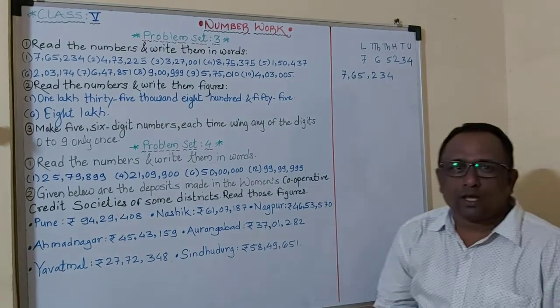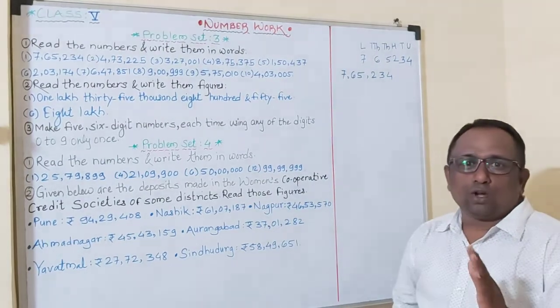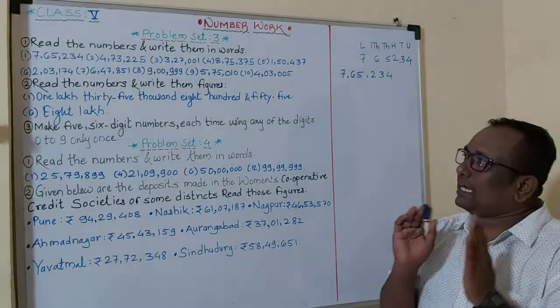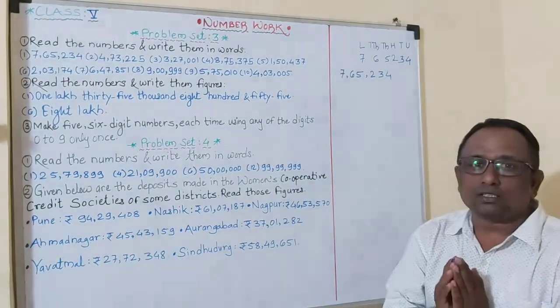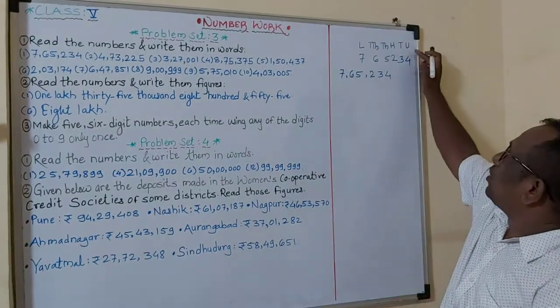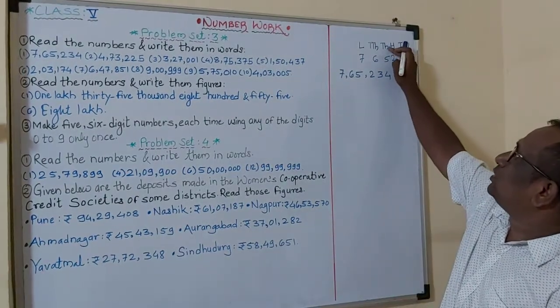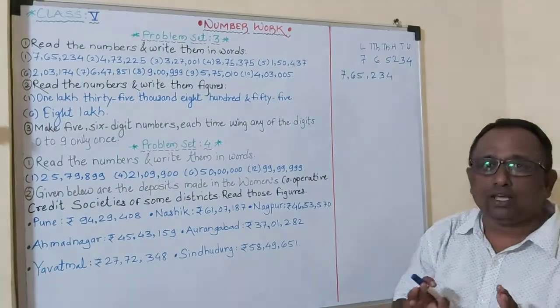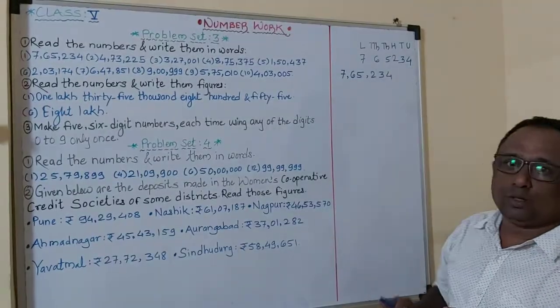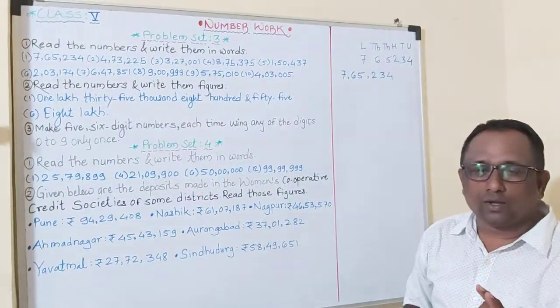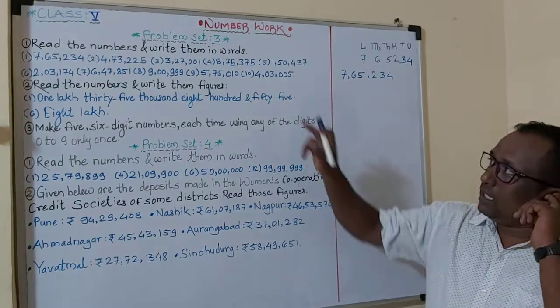Students, if you are not sure about directly writing or reading this, first make the columns roughly: unit place, 10, 100, 1000, 10,000, lakh. Write the numbers below that properly, and then try to write in words.